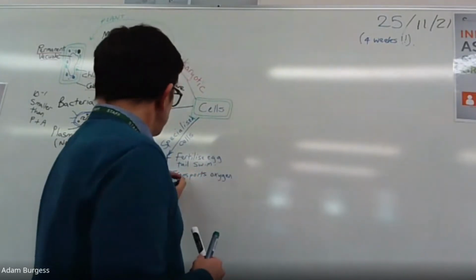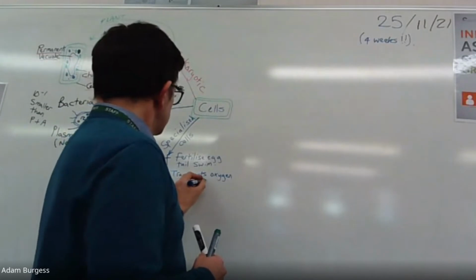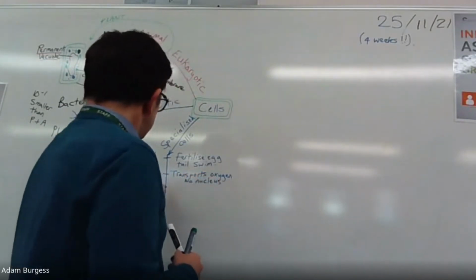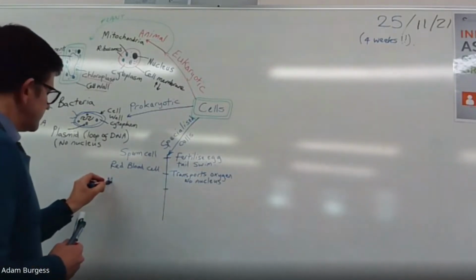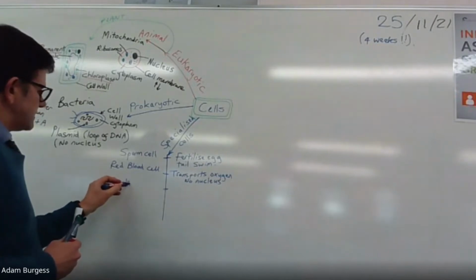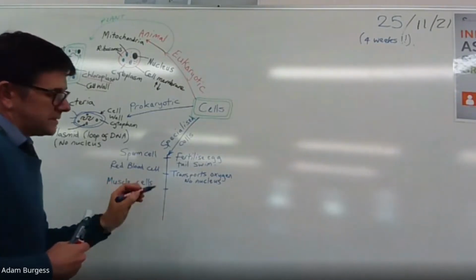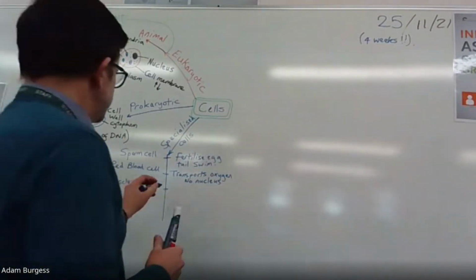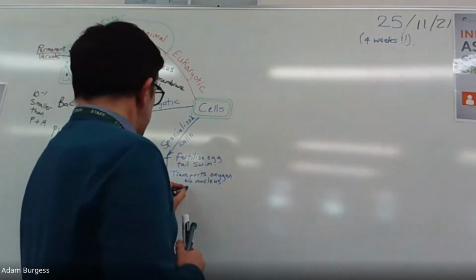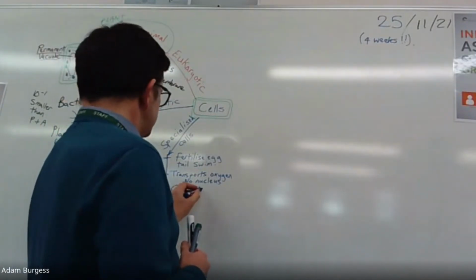So it's got no nucleus. Okay. You also need to know about muscle cells. Okay, so muscle cells, they've got lots of mitochondria. They contract and relax. So they contract and relax to allow movement.